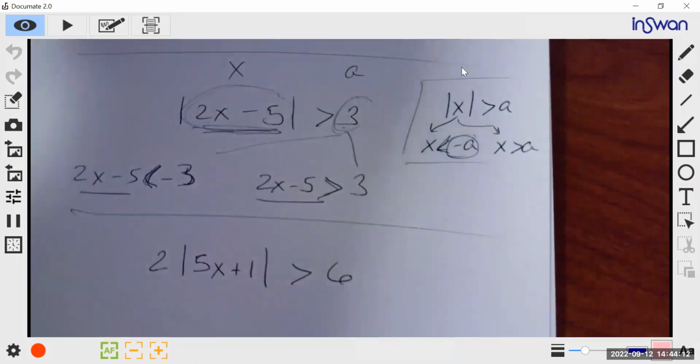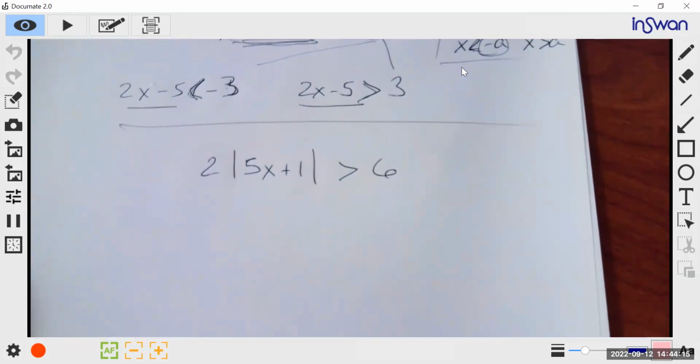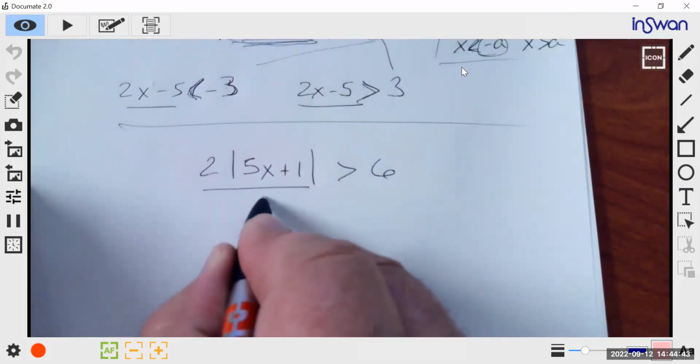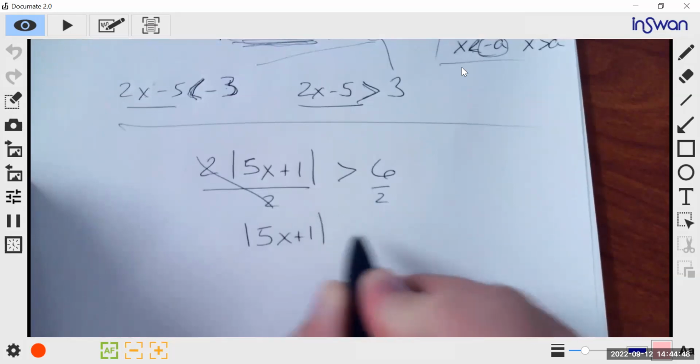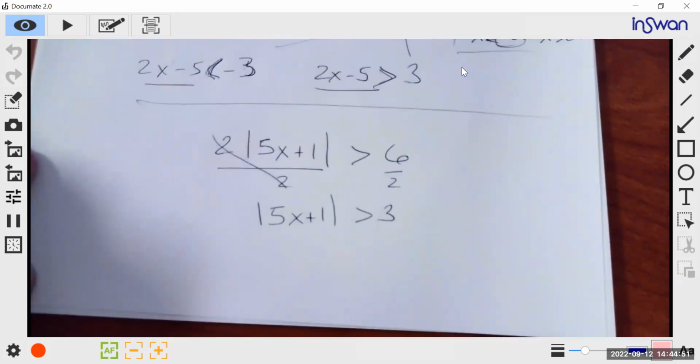Set this equation up. Get rid of the absolute value sign. What's my first step? Get rid of the 2, correct. Because we have to have the absolute value sign by itself. 6 divided by 2 is 3.